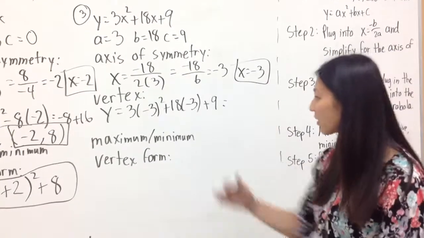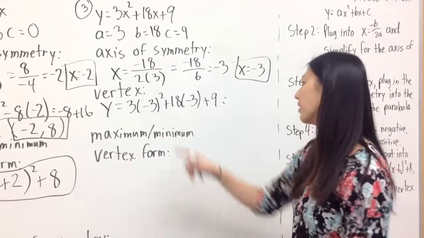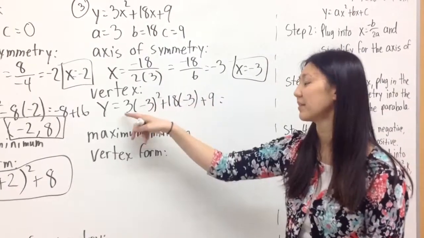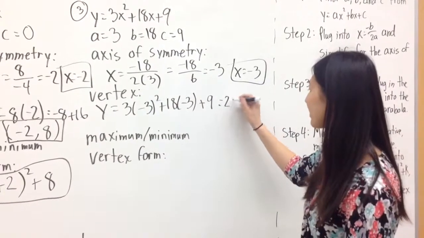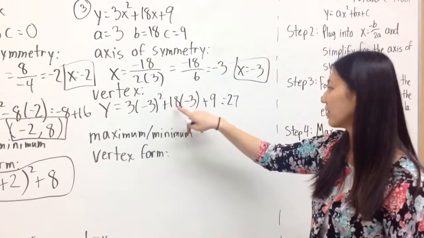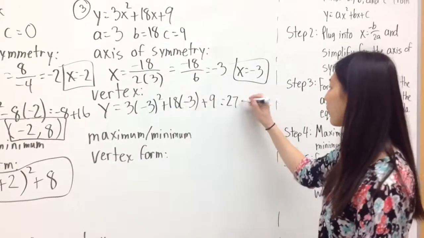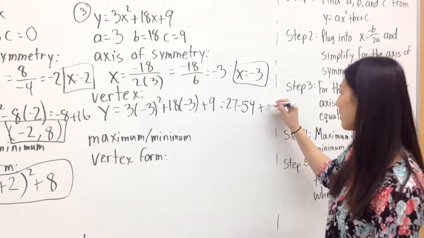Alright, let's look closely at this. Remember, order of operations is very important here. So negative 3 squared is going to give me positive 9 times this 3 is going to be 27. So this is 27. Okay, this is 18 times negative 3, it's going to be negative 54. And then plus 9 at the end.